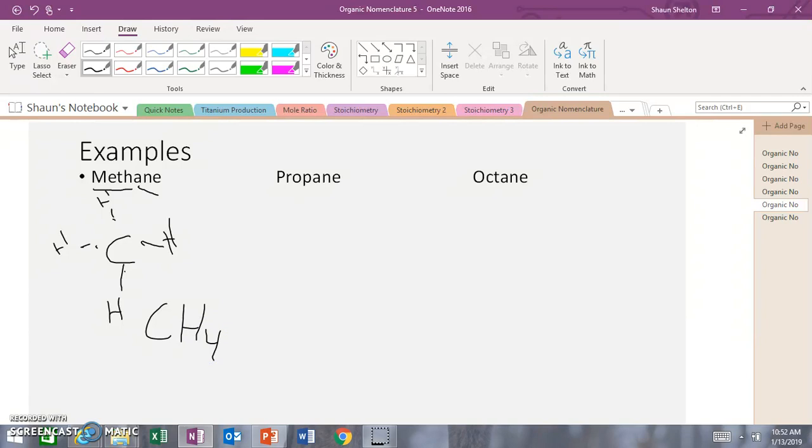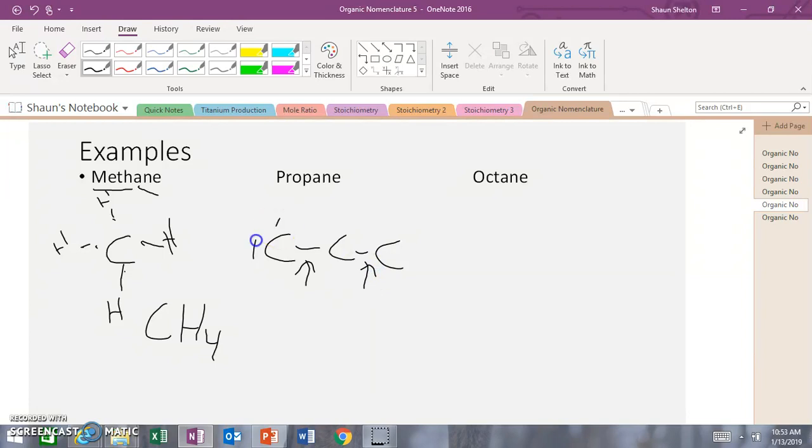Next we have propane. Now propane, how many carbons does that possess? Well, 3. Yep, you're right. So you got 1, 2, and then 3. Now you see how we have the single bonded carbons here. Now we still have to fill the octet.